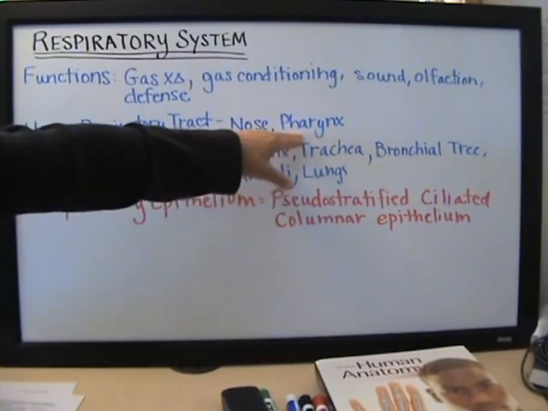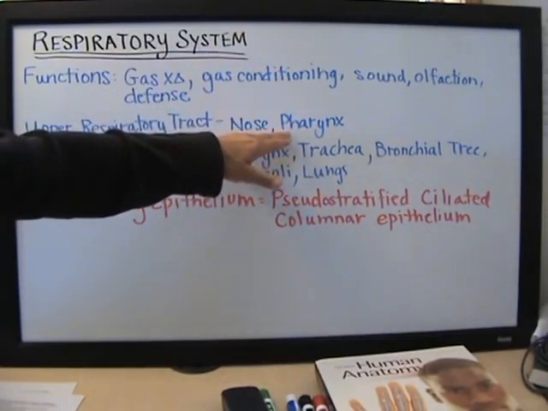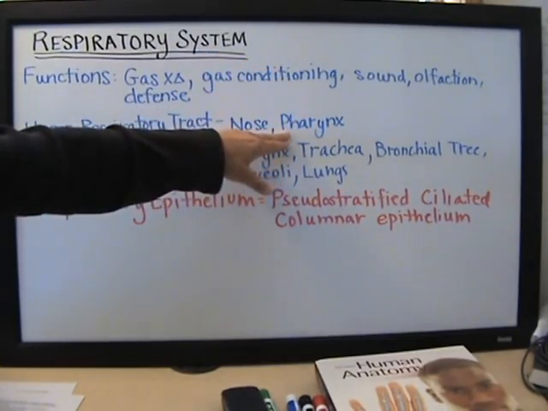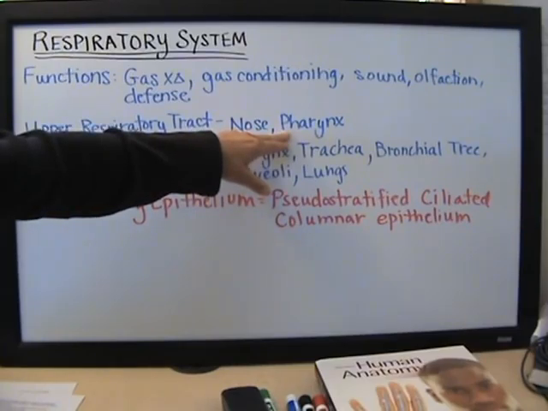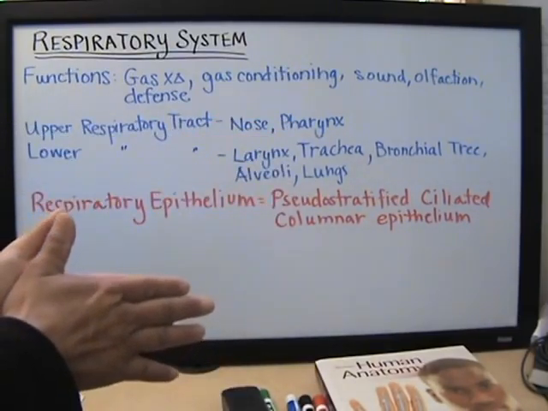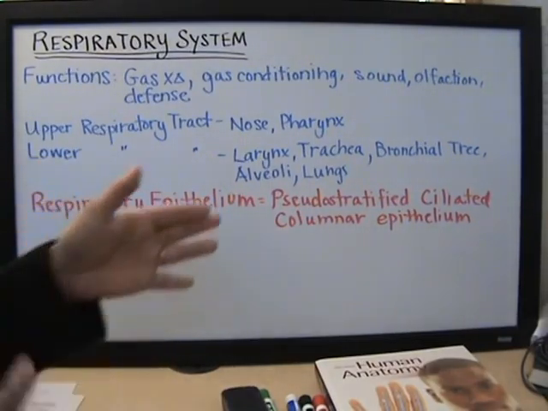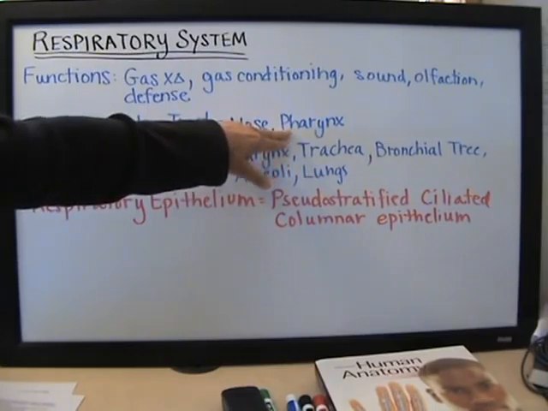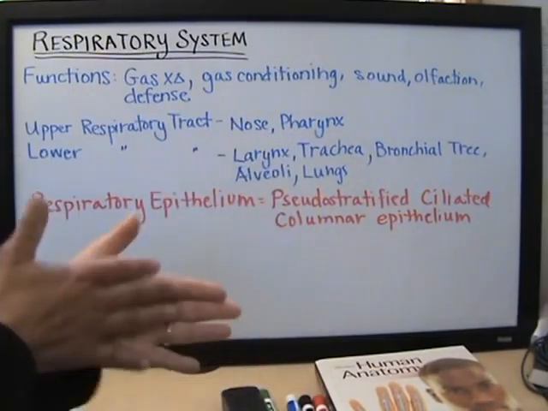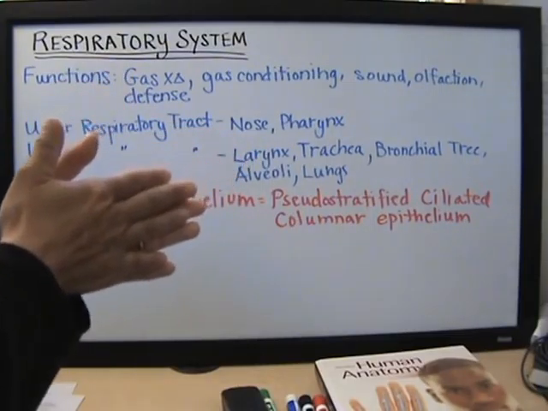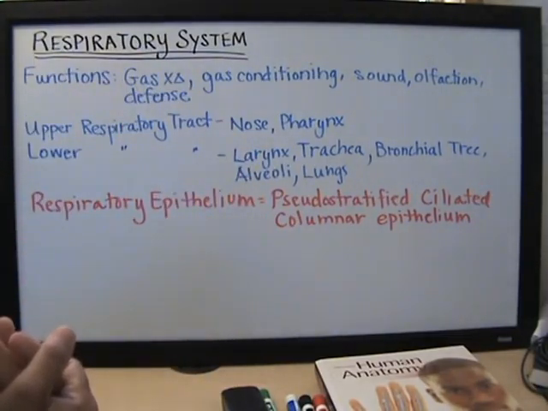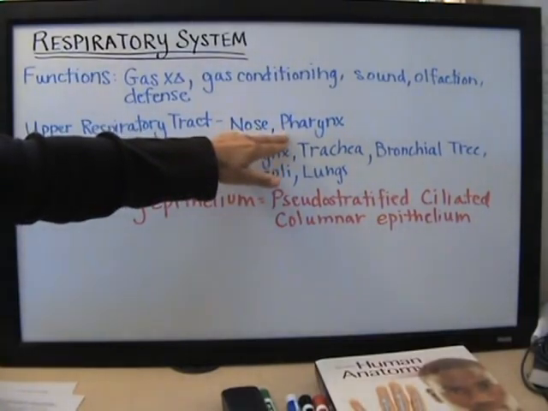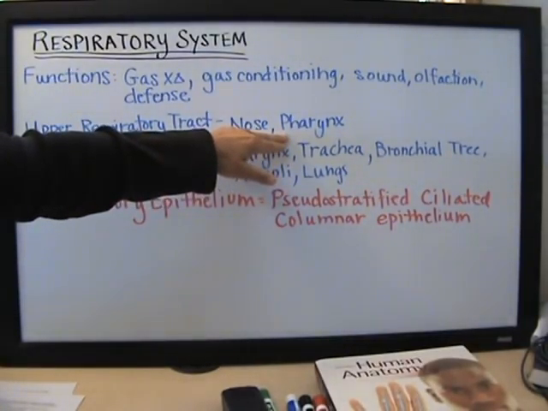The pharynx, which is the throat, the oropharynx and the laryngopharynx, those areas are shared by the digestive system. So those areas are going to encounter a lot of friction as you swallow food, so that epithelium will have to be a little different. It's non-keratinized stratified squamous epithelium.